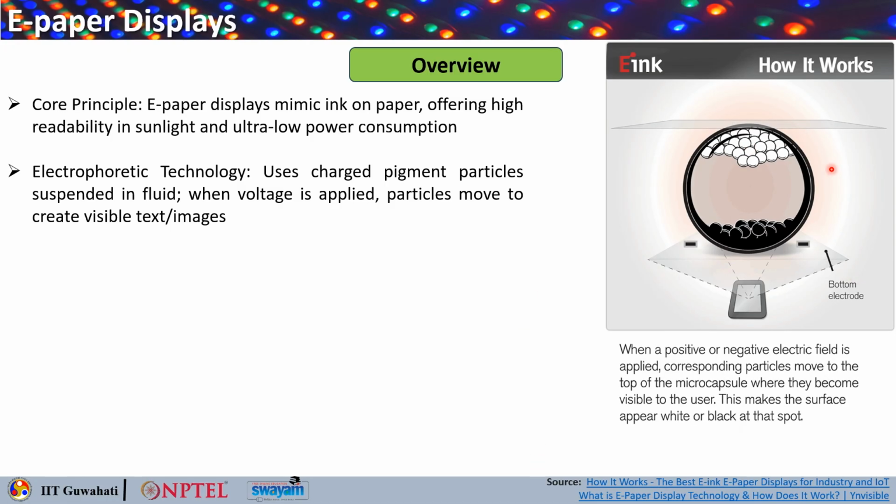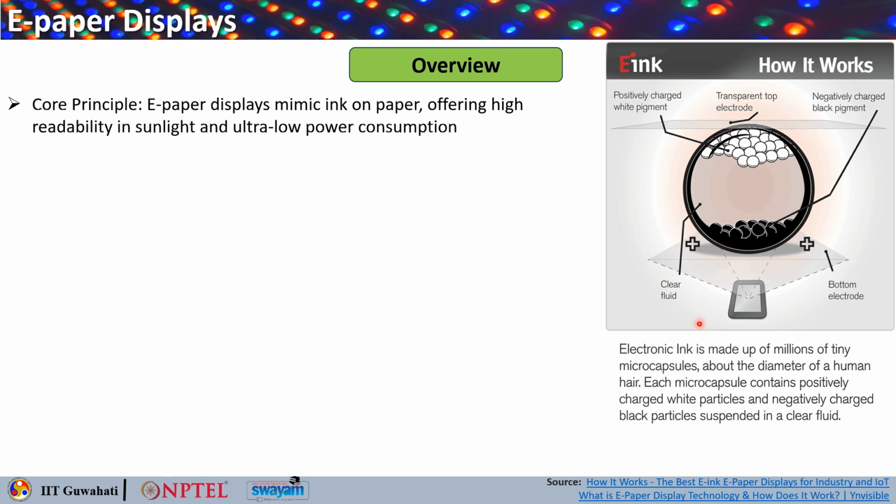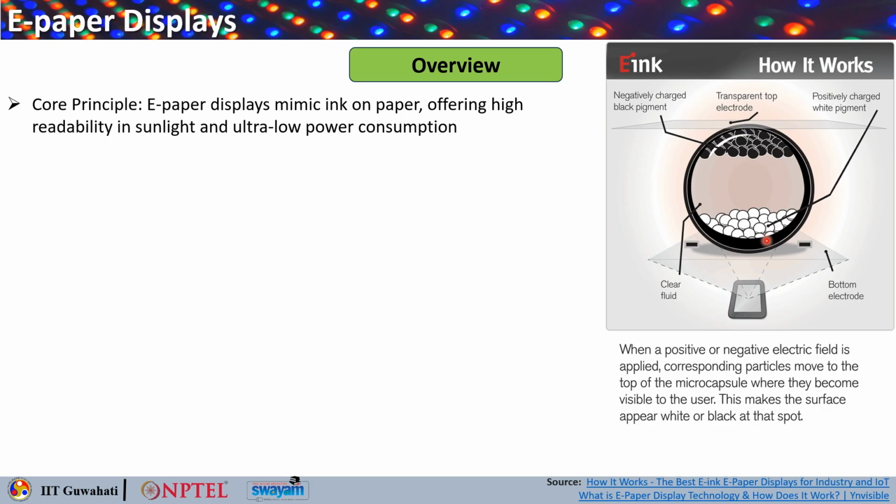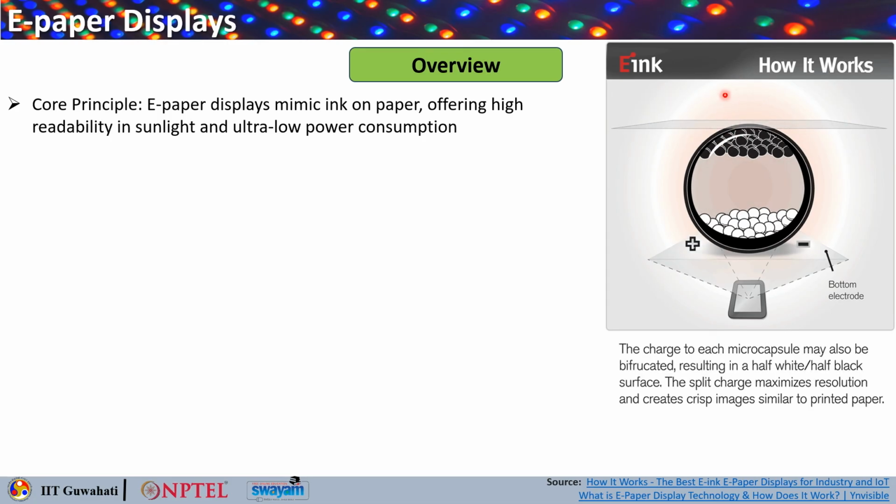This is how an e-paper display works. These are negatively charged pigments, these are positively charged pigments. When you change the electrode polarity, these pigments change position. This is a microcapsule and this color is visible to the human eye.